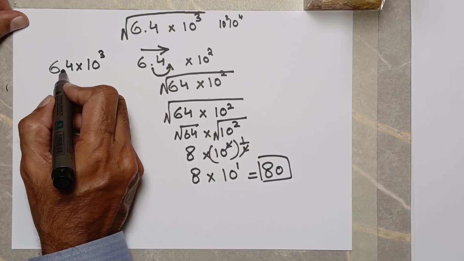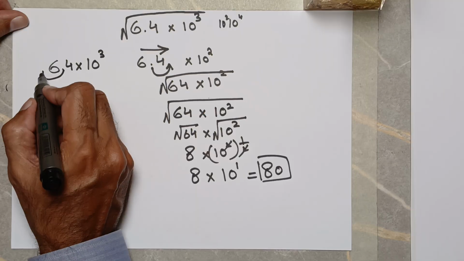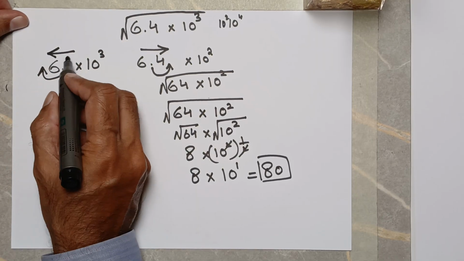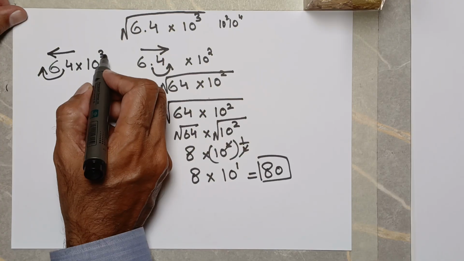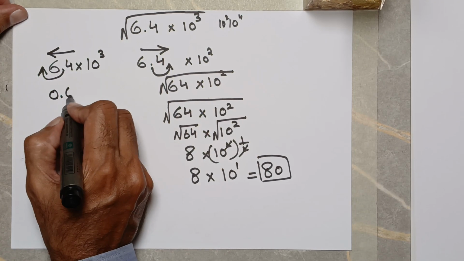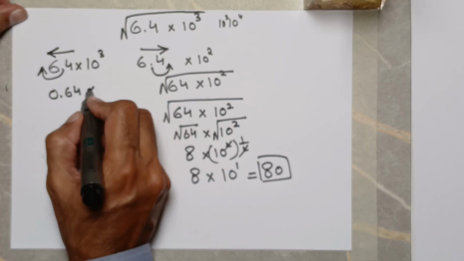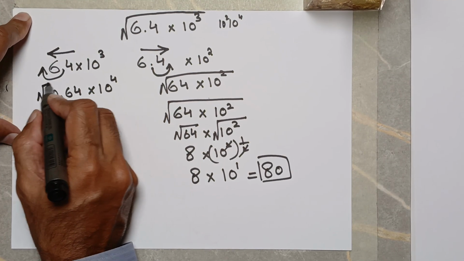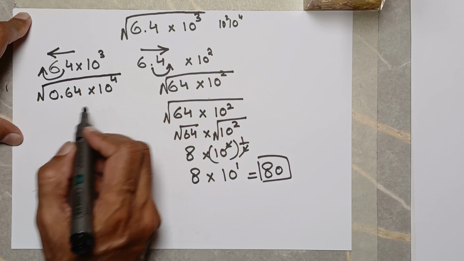Now I am going to shift this decimal towards the left. And when I shift this decimal towards the left, I am going to increase the value of the exponent. And here it will be 0.64 multiplied by 10 raised to the power 4. Now this is our square root.